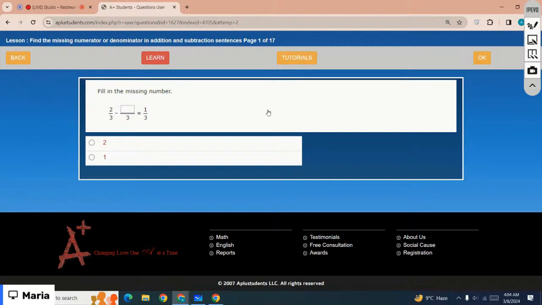So which is the correct option? 2 minus what number equals 1? Yes, 2 minus 1 is 1. So the missing number is 1.